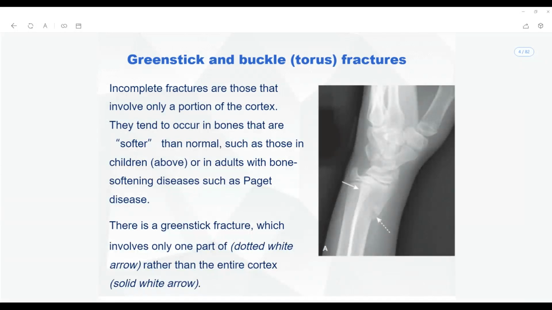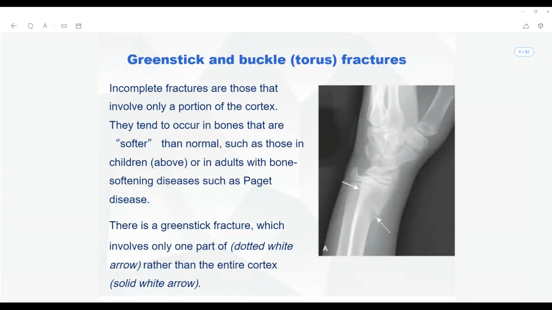Rule number 3: when you are looking at the joints, always include the bones present proximal and distal to the joint. Always necessary.